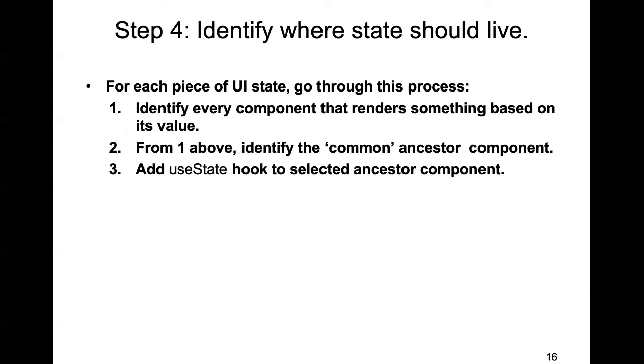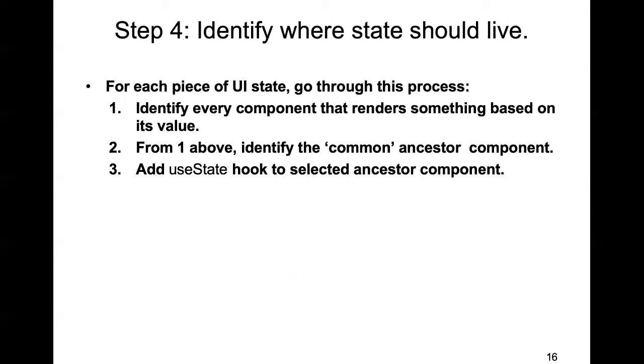You take that subset of components and identify a common ancestor of all of those components, or whatever number there are. So you climb up the component hierarchy to find one common ancestor. And it's that common ancestor component that is going to manage that particular state variable. That's the component that will have the useState hook coded in it.